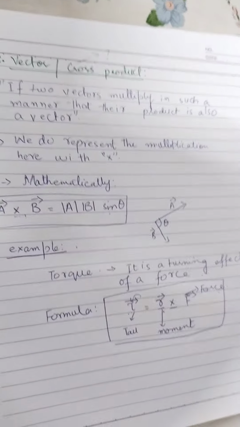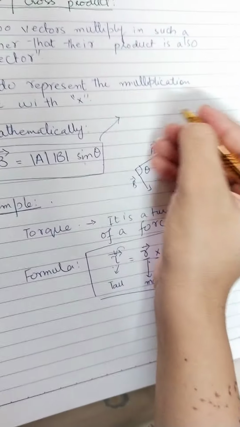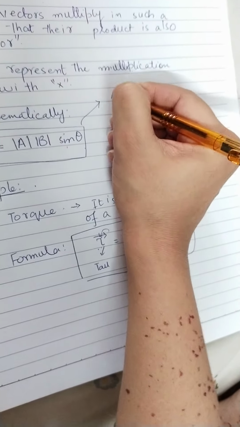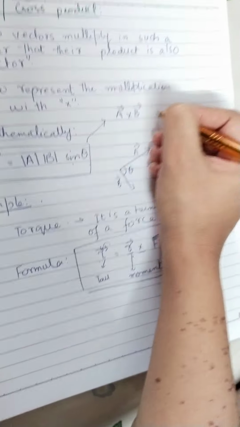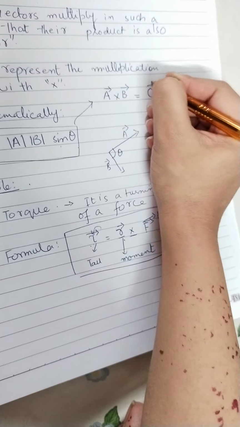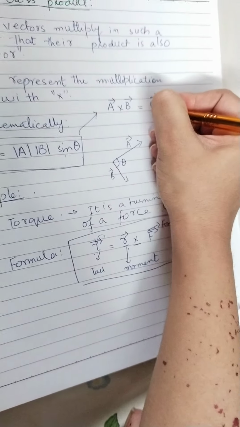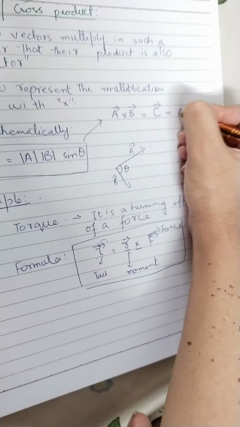Now, one fact that I need to mention or modify in this formula: whenever two vectors are multiplied in such a way that their product is a vector quantity, and the product will be another vector, that will be C. So we can represent this formula like this as well.